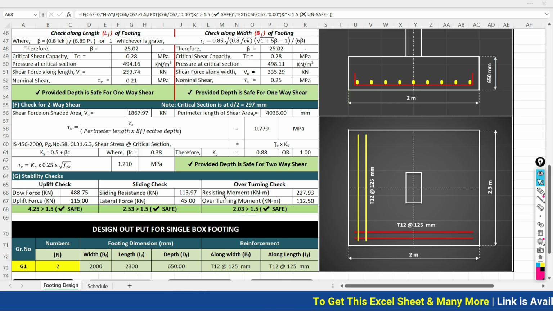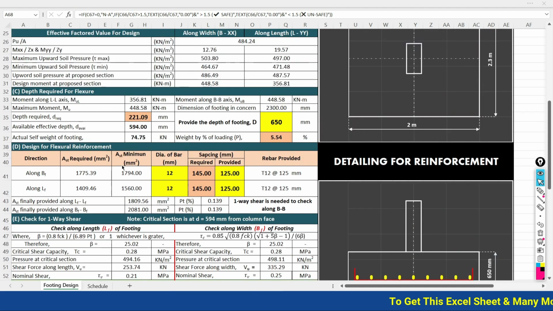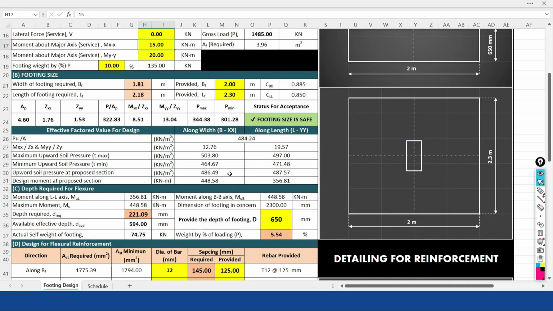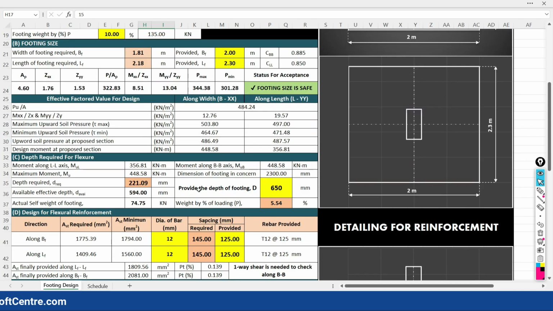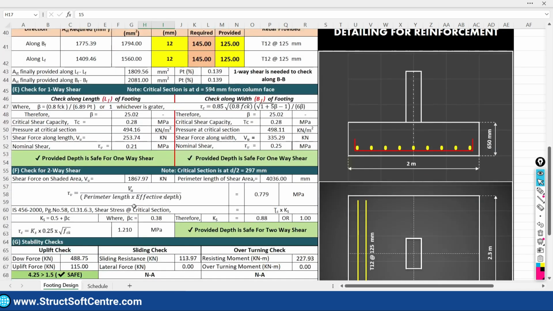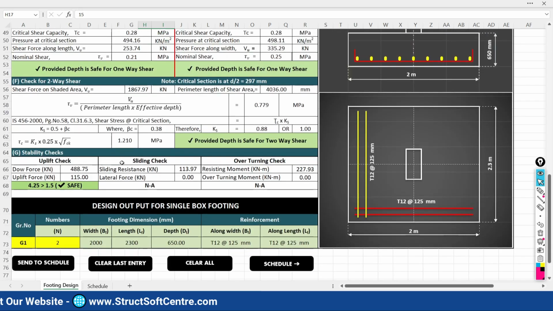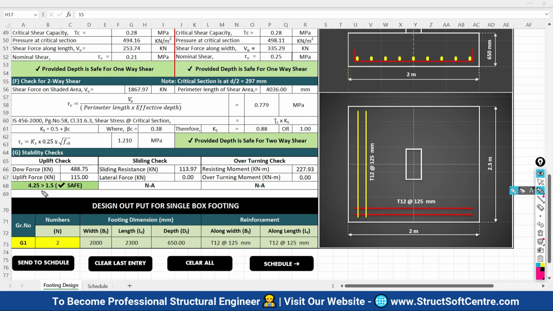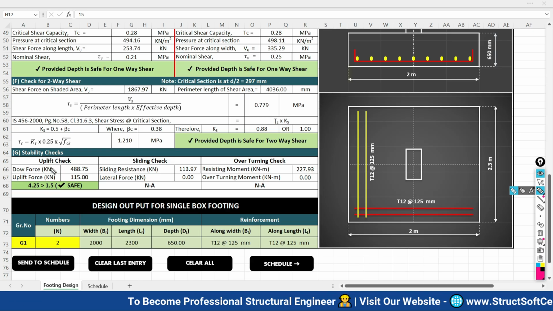And when your foundation is not subjected to lateral load, let's consider an example. I am going to put 0 here. So you can put it as 0 and there will be no impact on any of the other design except the stability checks. In your stability checks, the uplift check is applicable in every case, whether the lateral load is there or not. So here the uplift check is safe again.